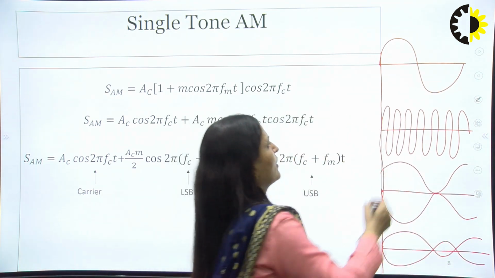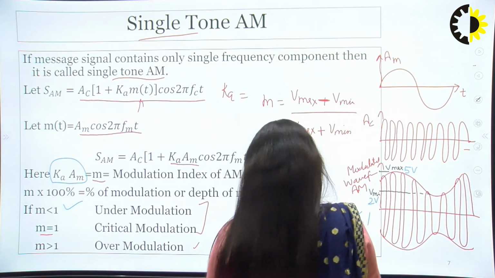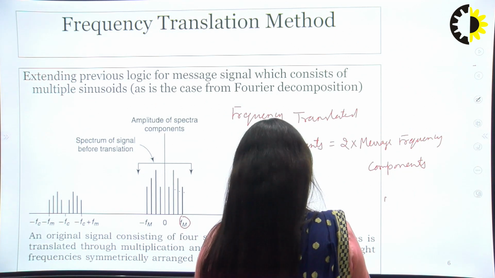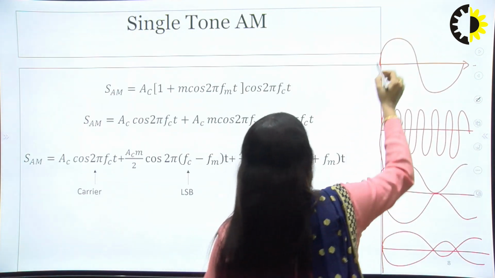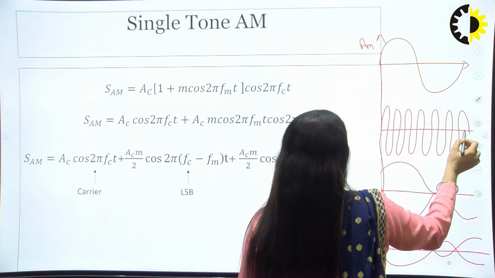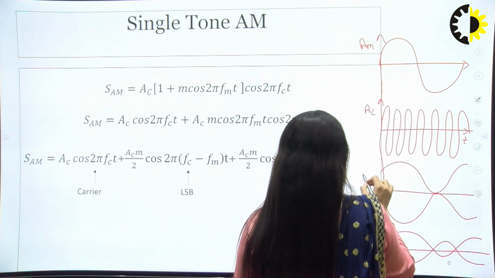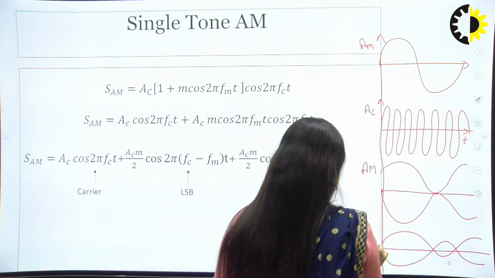Okay, so time axis T, this is the time axis and this is your message signal AM. Again time T, this is your AC, this is your AM.